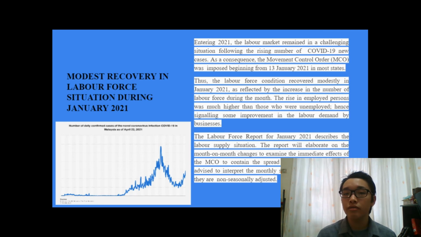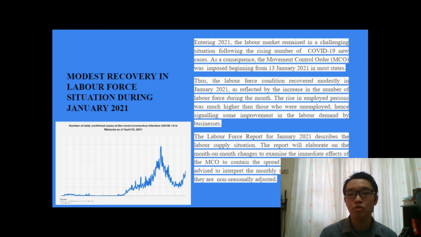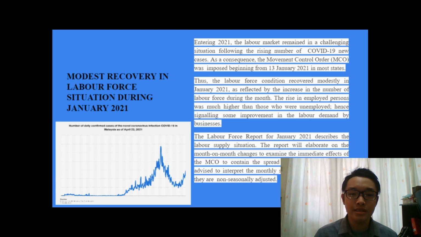Entering 2021, the labor market remained in a challenging situation following the crisis of COVID-19, but the labor force condition recovered modestly in January 2021, and the rise in employed persons was much higher than those who are unemployed. You can see a graph here.